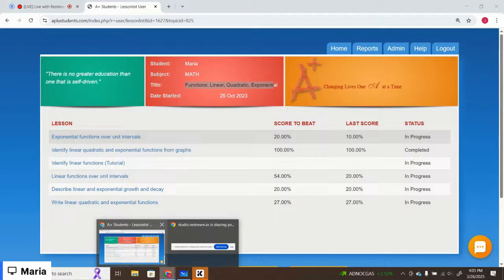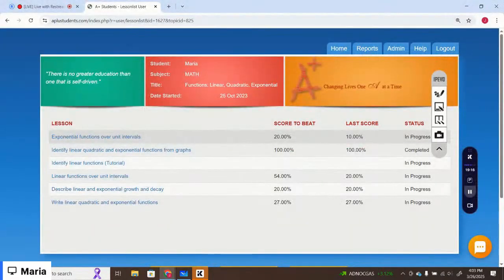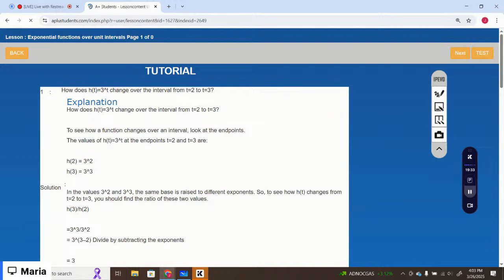And we are on the chapter functions, linear, quadratic, and exponential. Let's just start with the first lesson, that is exponential functions over unit intervals.